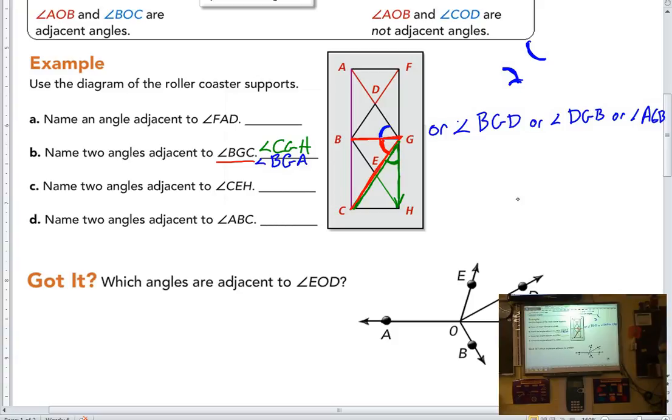No, I can't start down at H. We don't use straight angles as adjacent angles either, if that's what you were trying to do. What if I still use this edge, and I still use that vertex, but I do this angle? BGF is also adjacent.